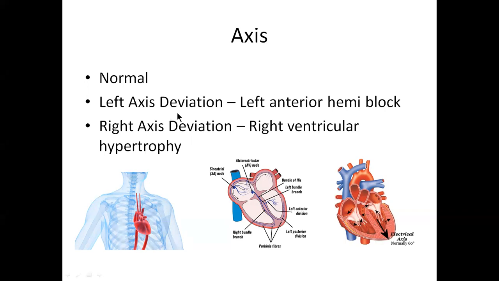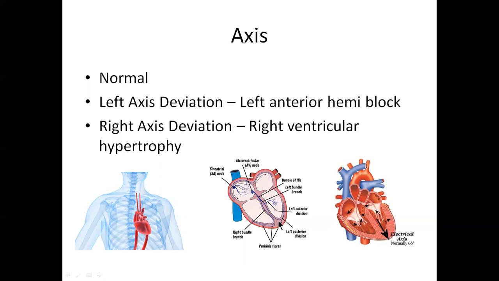Now, left axis is slightly different. Remember after the bundle of His, you get the right bundle and the left bundle. But the left bundle has two parts, a left anterior division and a posterior division. Commonly, this left anterior division stops working. And if that happens, the posterior division has to do most of the work.